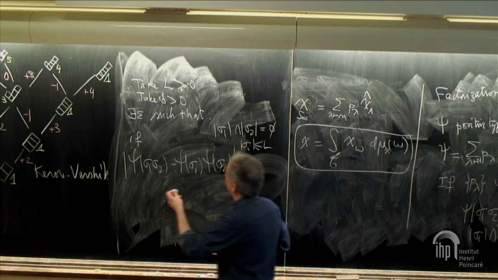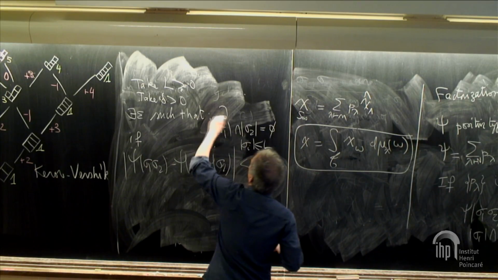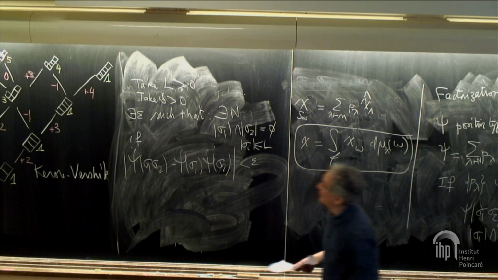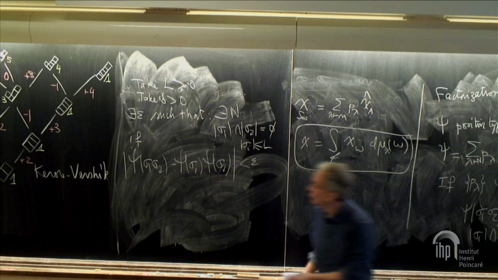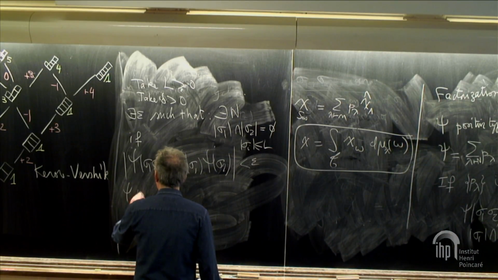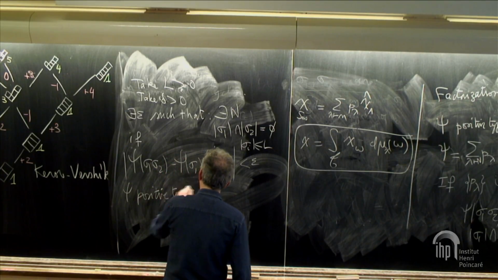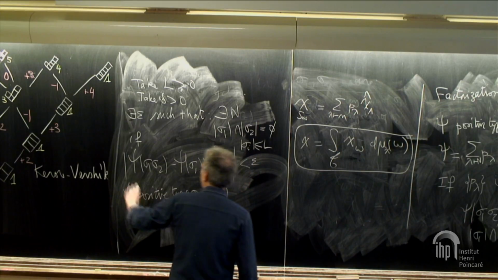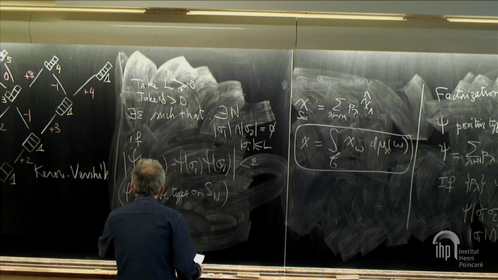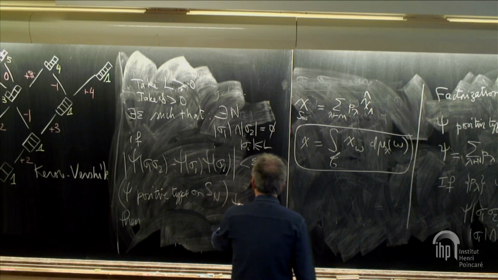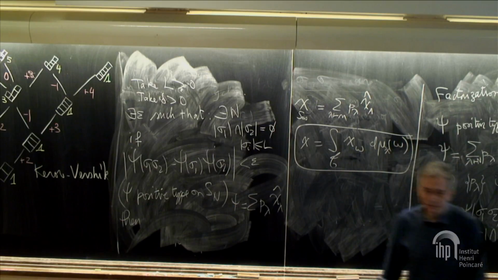Then there is such an epsilon and there is such an n, such that if I have some positive type function psi on Sn, then psi can be written as a sum of characters.